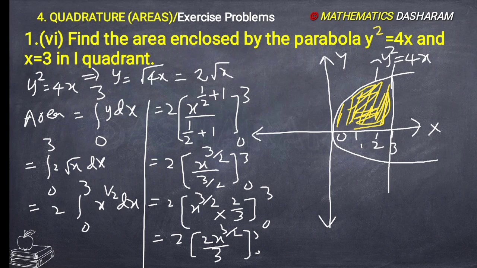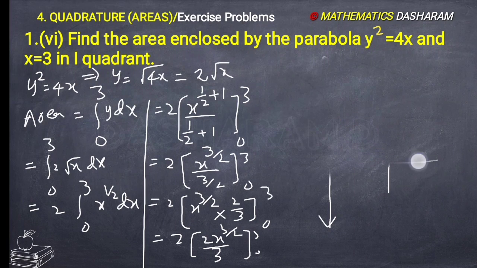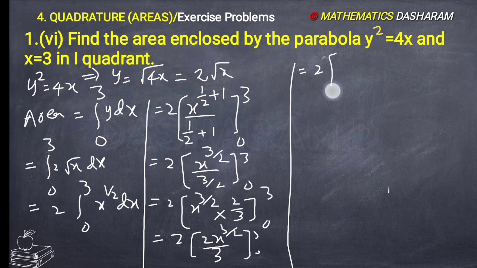So now substitute the limits. So 2 into 3 to the power of 3/2 by 3 minus 2 into 0 to the power of 3/2 by 3.